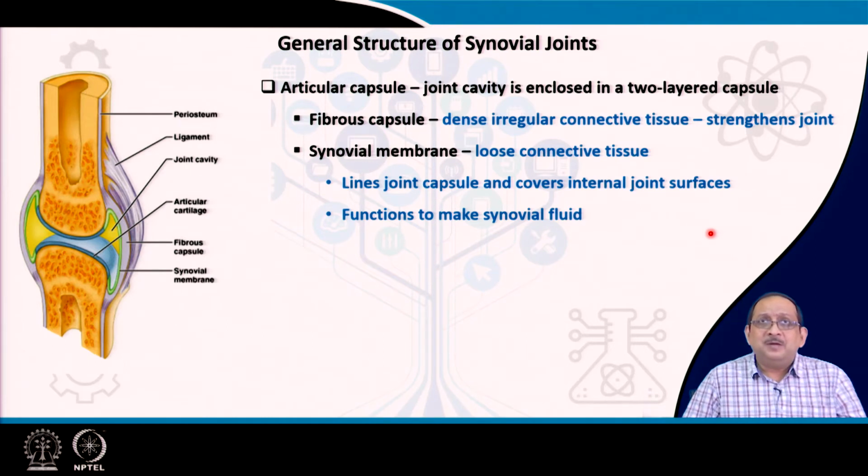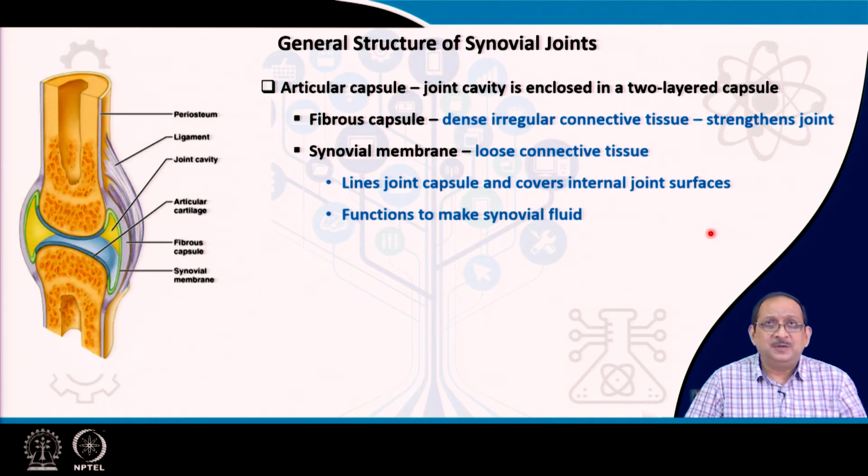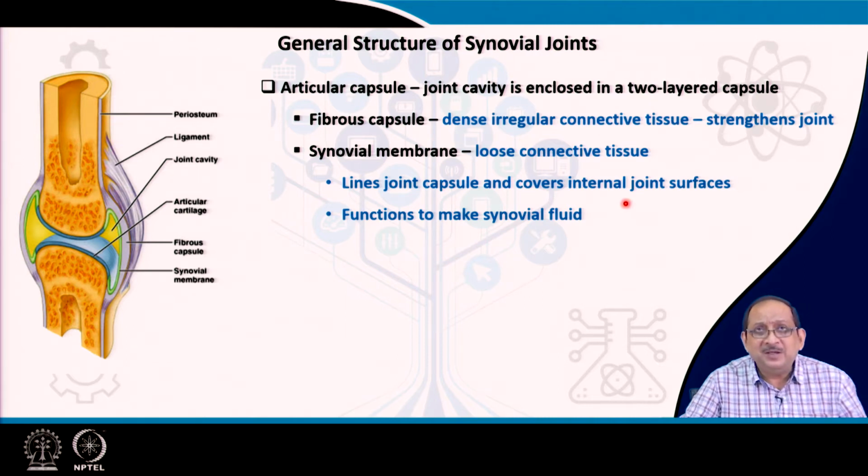Now, within the synovial joint, we have the articular capsule. It encloses the joint cavity in a two-layered capsule, as can be seen in this picture.